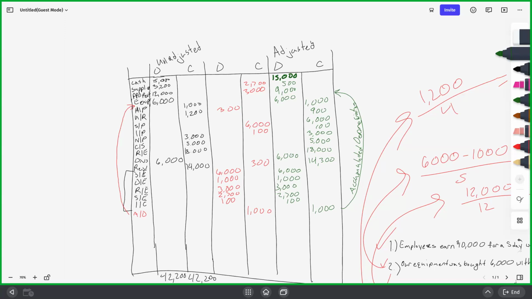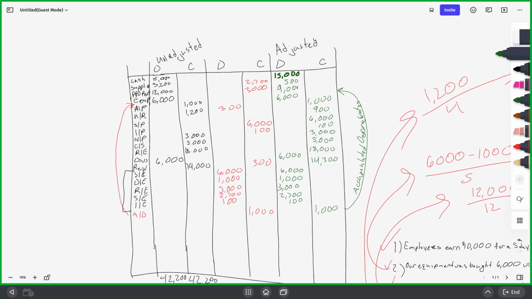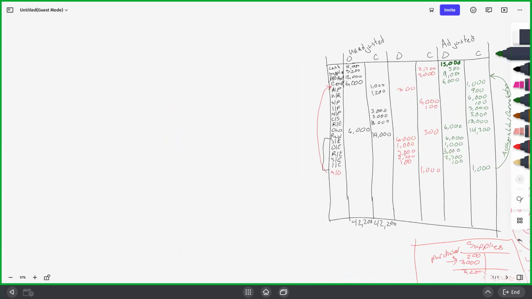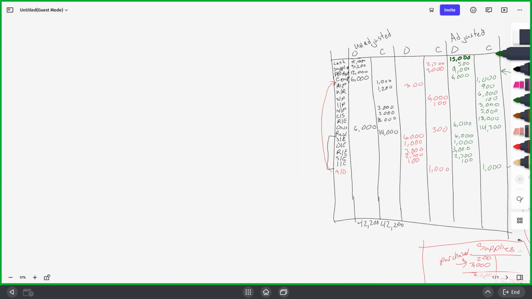So, let's start running through these. We're gonna first start off with our closing entries, and we're going to do these side by side with some of our financial statements.